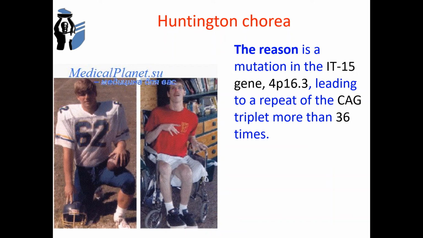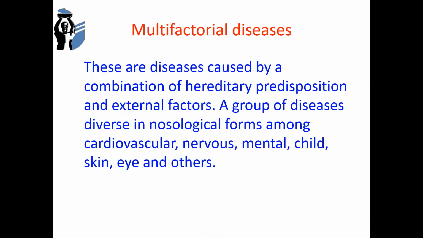The next point of the lecture is multifactorial diseases. These are diseases caused by a combination of hereditary predisposition and external factors. This group of diseases differs in nosological forms among cardiovascular, nervous, mental, skin, eye, child, and others.